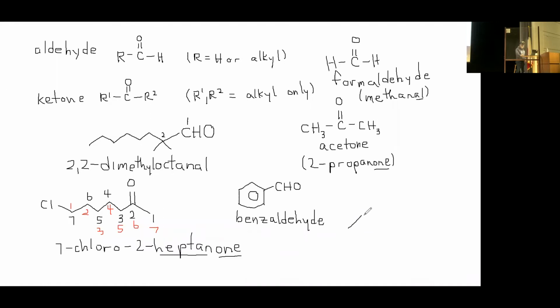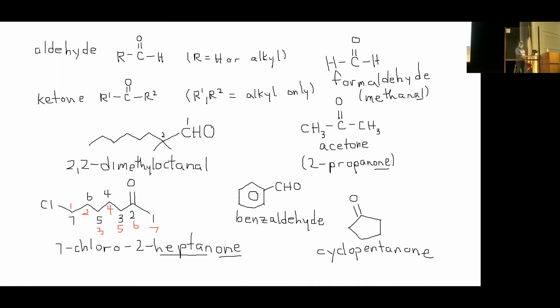Ketones can certainly be cyclic. You could have something like this, for sure. That would simply be cyclopentanone. And again, I don't think these names are any surprise at all. So that's the basics of naming aldehydes and ketones.